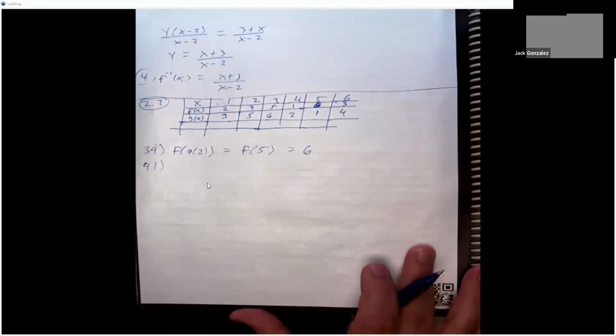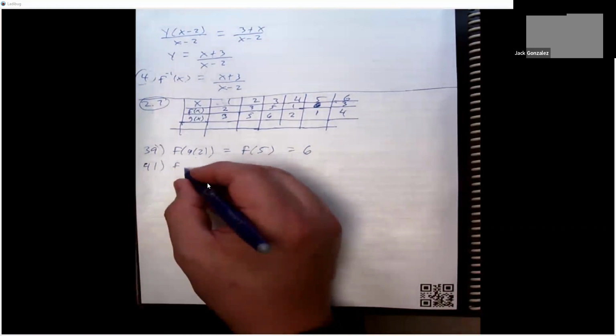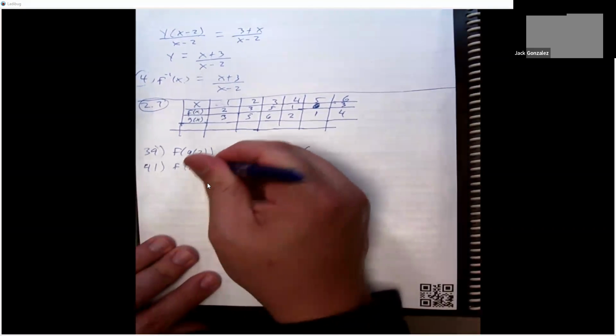So we do another one, let's say 41. F of F of 1, which sounds weird, right?